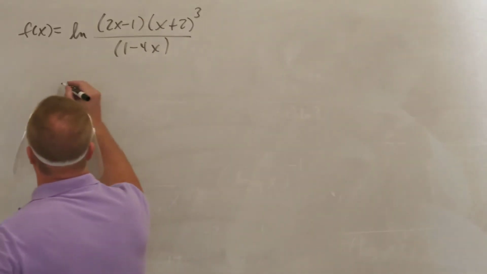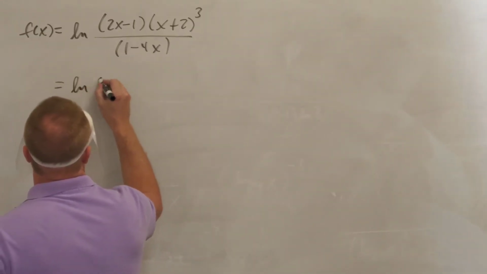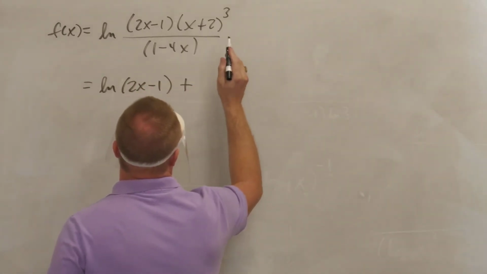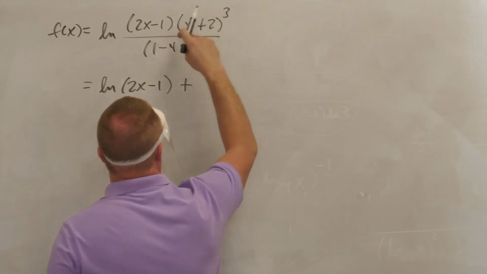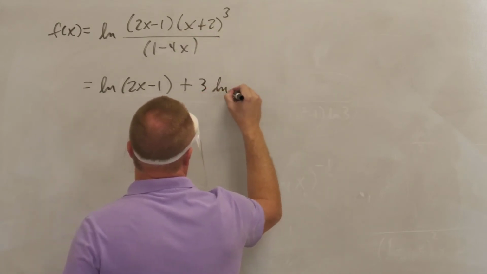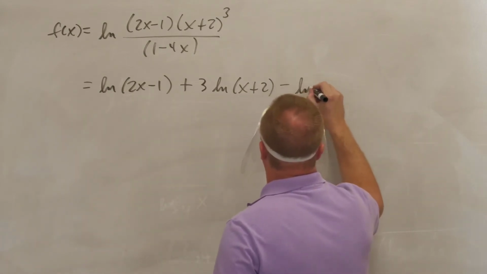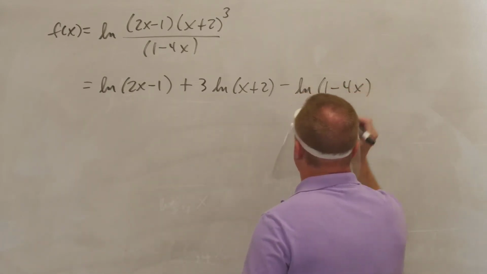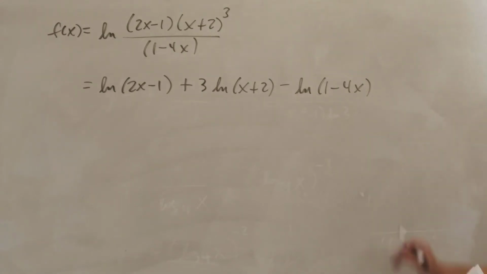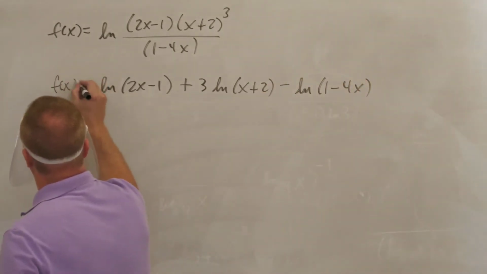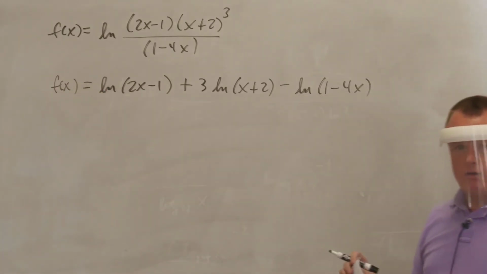So I could rewrite that as the ln of 2x minus 1 plus, and I could go ahead and move the 3 in the front and say 3 ln x plus 2, and then minus the ln of 1 minus 4x. So that is the same thing as this, using your properties of logs.